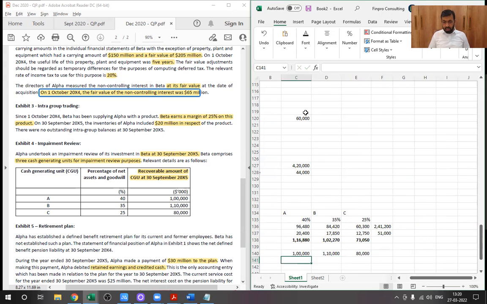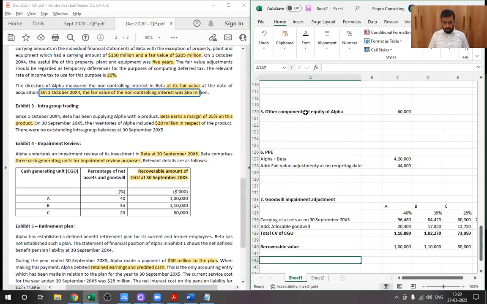Can you tell me if there is impairment, where is the impairment loss? In A. Okay.